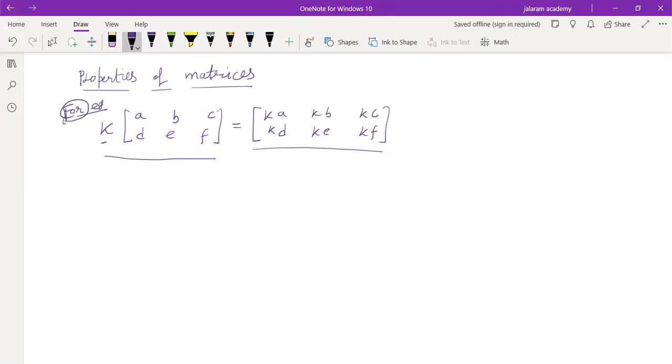For example, if K is multiplied to this matrix having first row ABC, second row DEF, all the elements will be multiplied by K. K, KB, KC, KD, KE, KF.